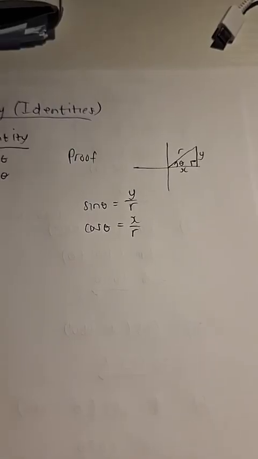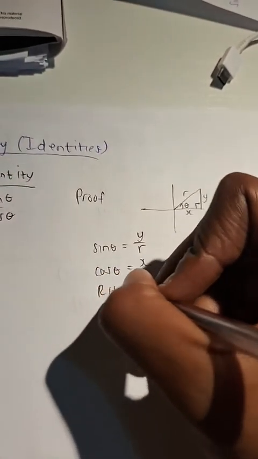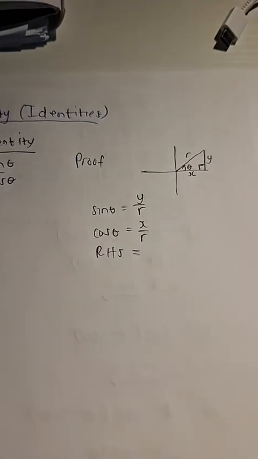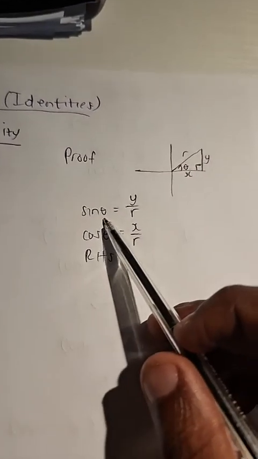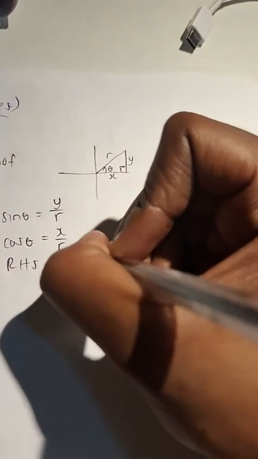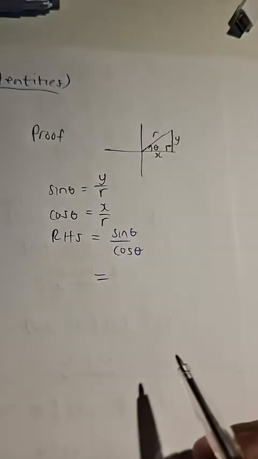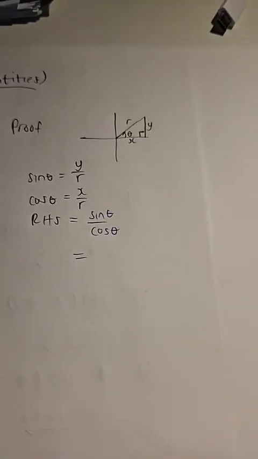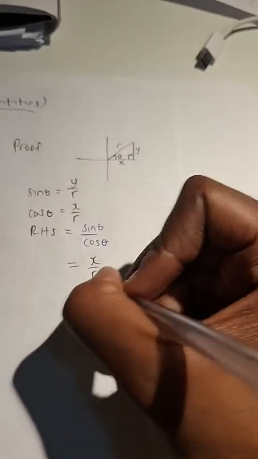Okay? Now, let us take the right hand side. I just want to prove this identity very quickly, guys. So sine theta over cos theta. Sine theta is x over r, right?